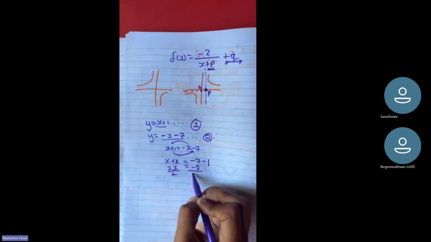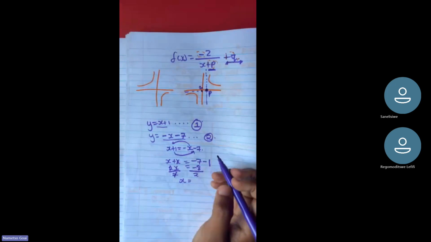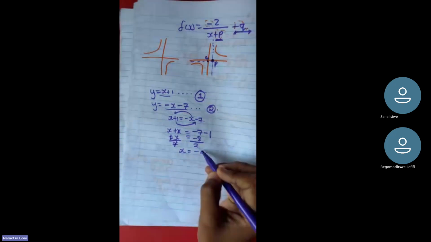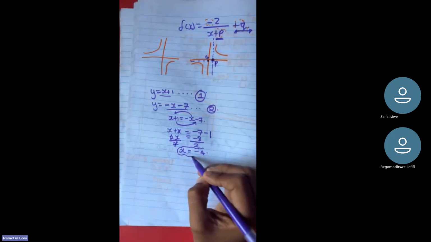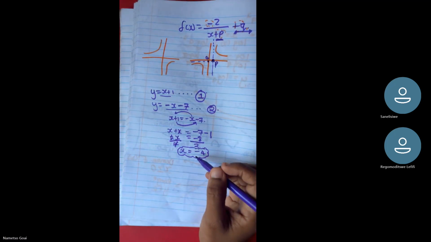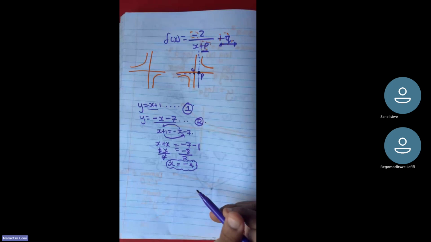Divide both sides by 2, and x equals negative 4. This x value is the x value of your asymptote on the x-axis.